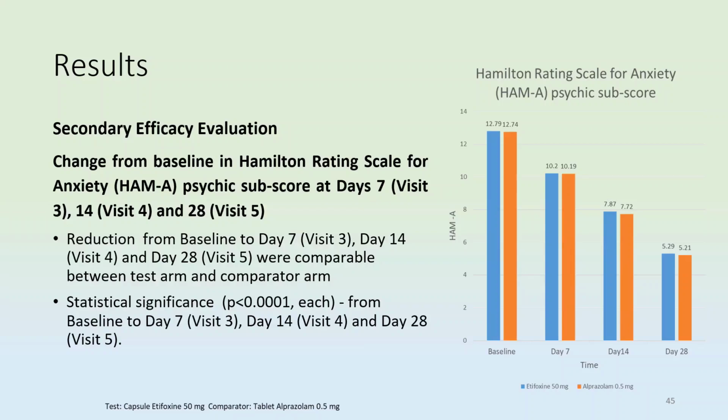Secondary efficacy evaluation from baseline in HAM-A psychic subdivision at day 7, day 14 and day 28. Again, a reduction was found and was comparable between test arm and comparator arm. And statistical significance was established from baseline to day 7, day 14 and day 28.